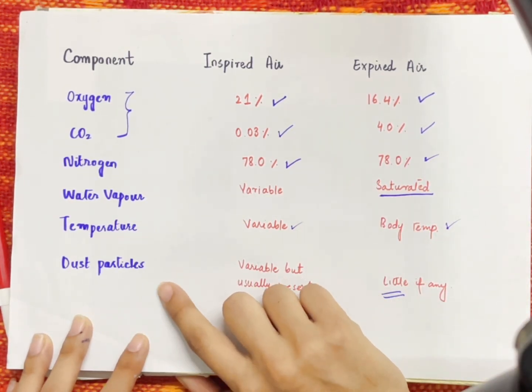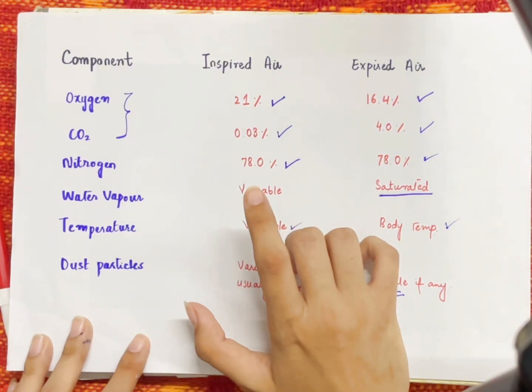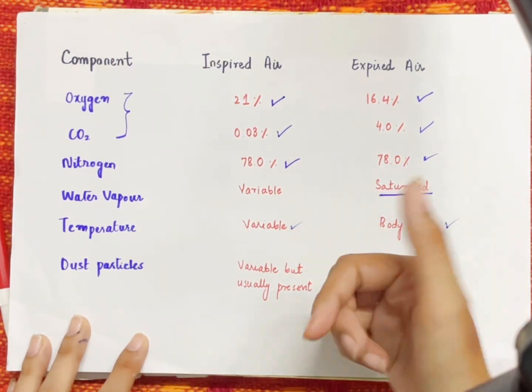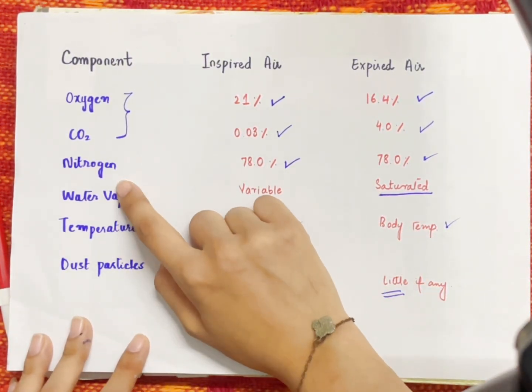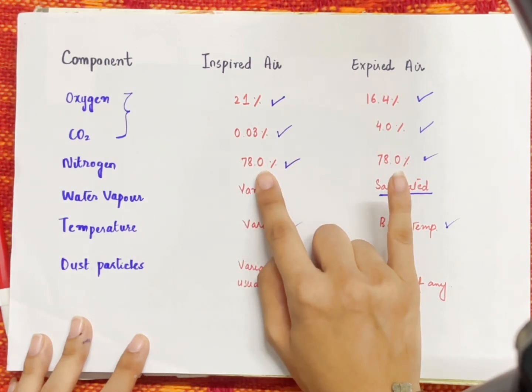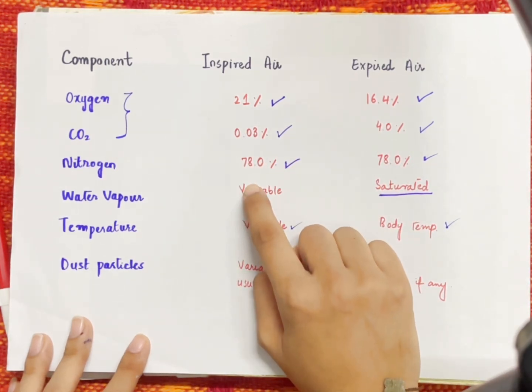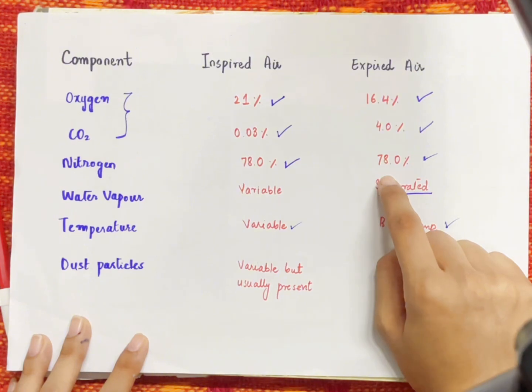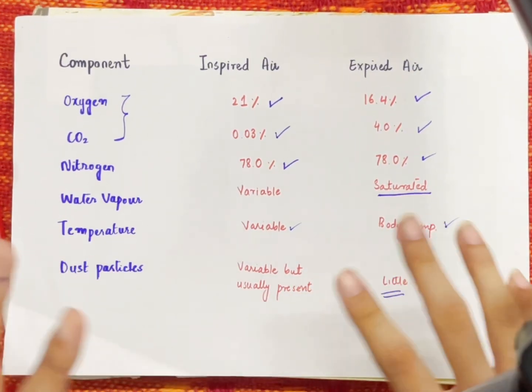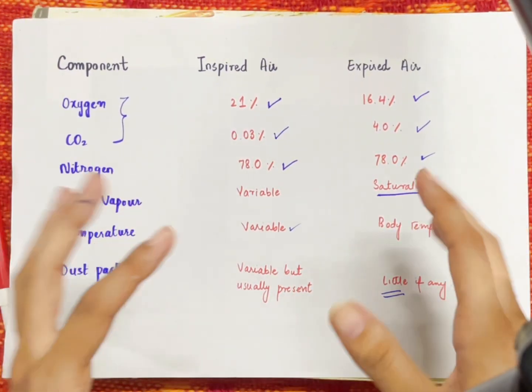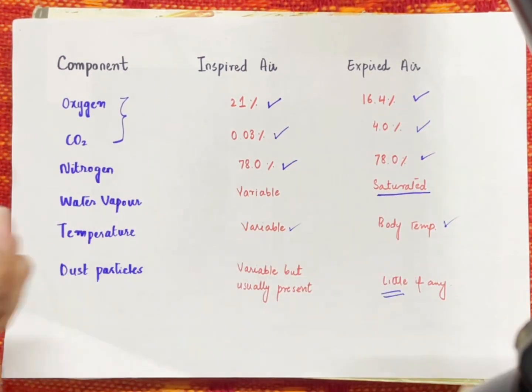The dust particles also vary depending upon the environment in which the human being inhales and exhales. But nitrogen is usually similar in inspired and expired air, at 78.0% and 78.0%. This is the entire chapter that we have covered about gaseous exchange. If you have any problem, you can ask in the comment section below.